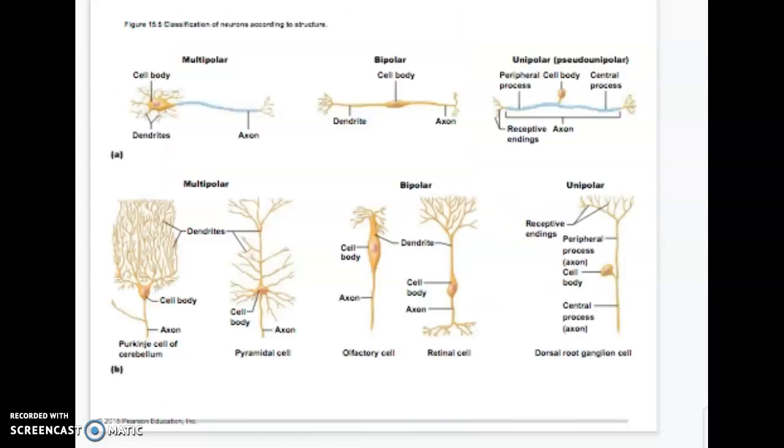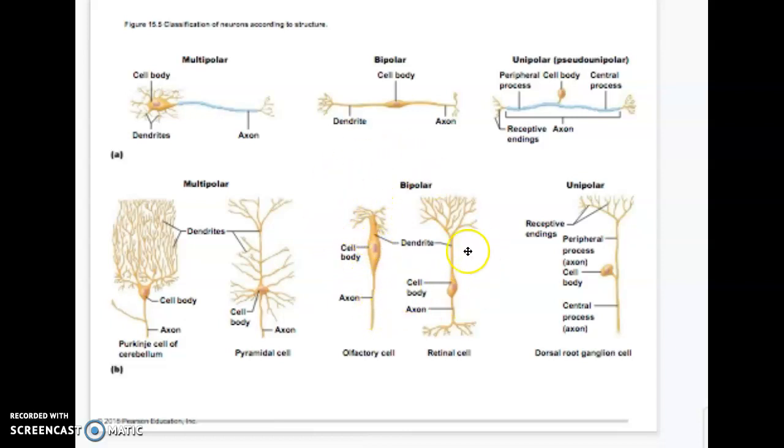Here we have some different types of neurons. There are multipolar neurons, which tend to be motor neurons, and multipolar neurons have many branches going in many directions. Okay, we have bipolar neurons, and those bipolar neurons have two branches, one in each direction. Here we see the major branch here and the major branch here.